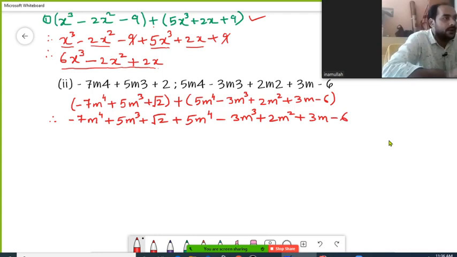We need to identify the like terms. Look, this 7m raised to 4 and 5m raised to 4, these two are like terms. One is positive, one is negative.